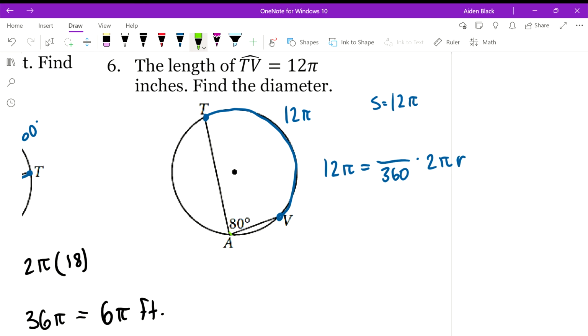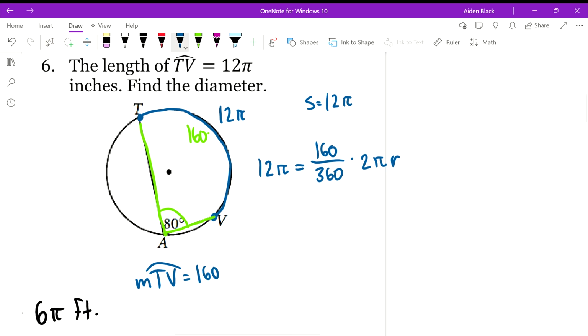For this problem though, we're just given the measure of the inscribed angle, which is 80 degrees. Since it's an inscribed angle, its intercepted arc is 2 times the inscribed angle. So the measure of TV, I'll write this right here, the measure of TV is equal to 160. So that's what goes up in that numerator there.